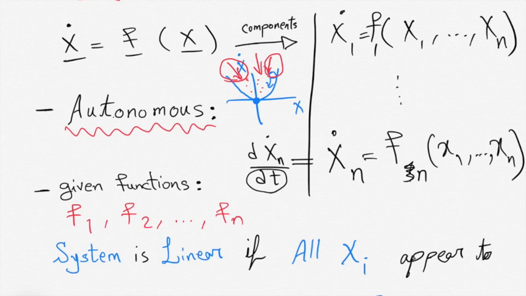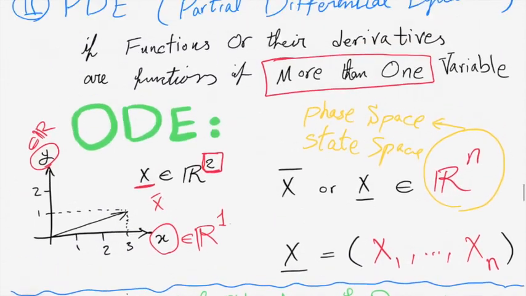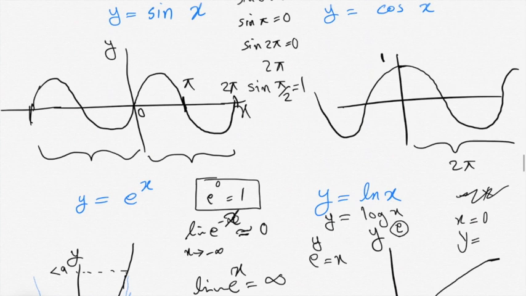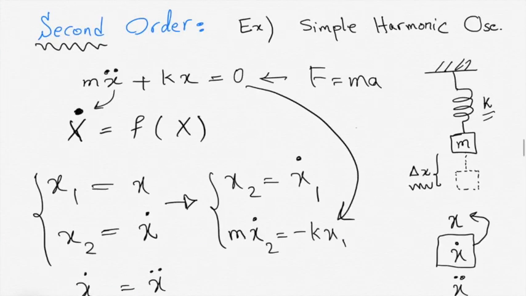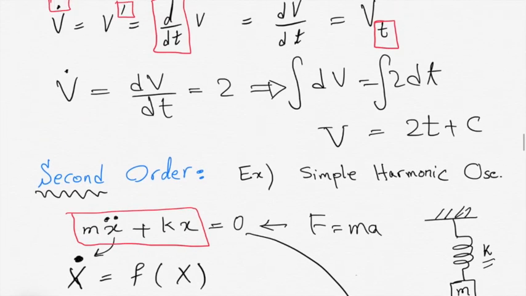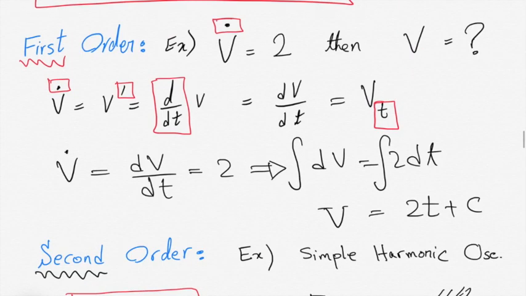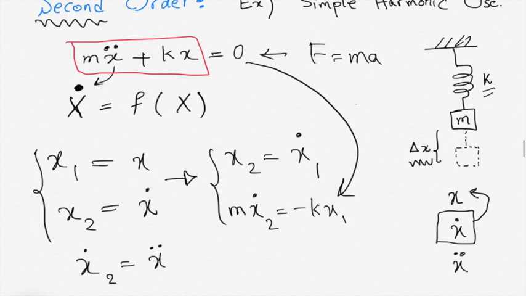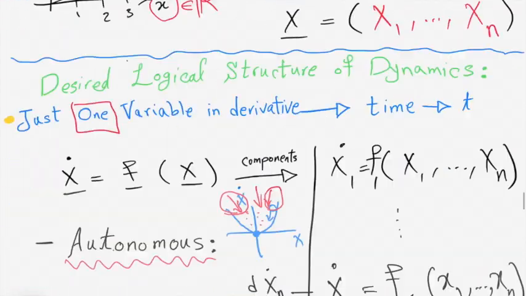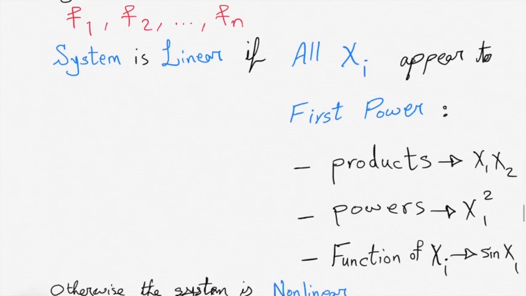They describe how the variables change with respect to other variables. For instance, we could have m x dot is equal to, or a simpler one, v dot is equal to 2. So this is a very simple equation.